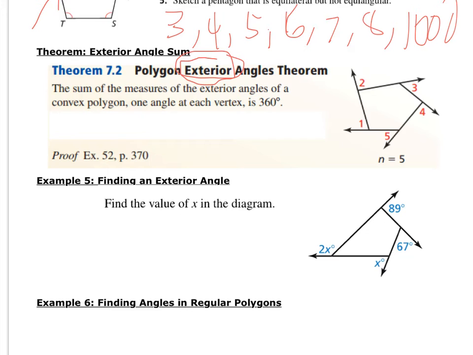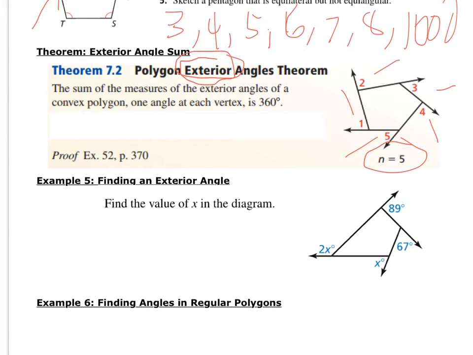So for instance, they have this object right here. n is 5. They tell you this object has 5 sides. It has 5 interior angles, which we have a formula for. But on the outside, there are 5 separate angles, you can see them right here: angle 1, angle 2, angle 3, angle 4, and angle 5.